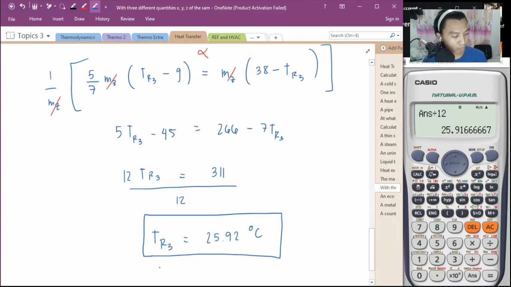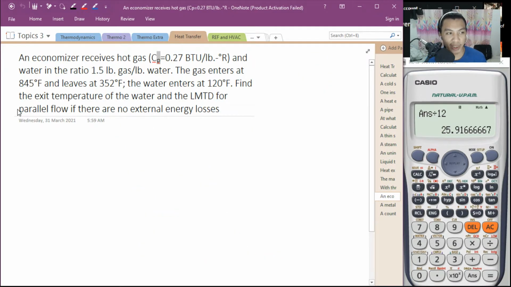How about number 15? An economizer receives hot gas at 0.27 BTU per pound degree Rankine. And the water in the ratio, okay, may ratio 1.5 pound gas per pound water.